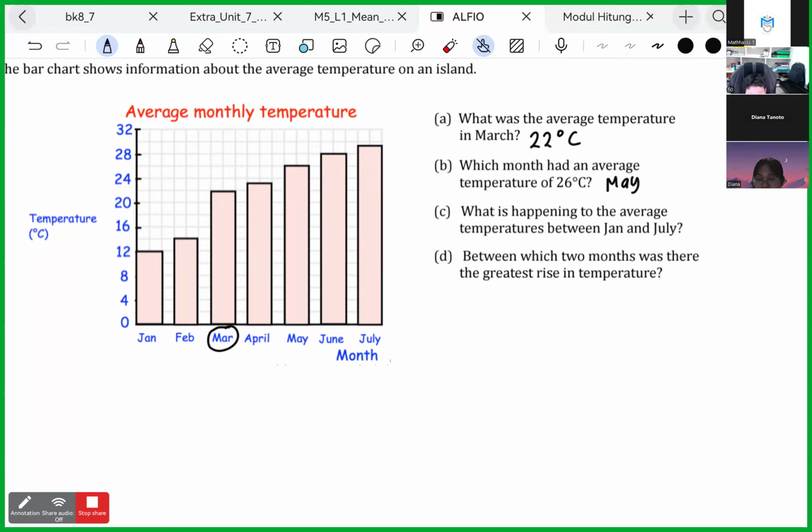Okay, how about C? What is happening to the average temperatures between January and July? Is it increasing or decreasing?